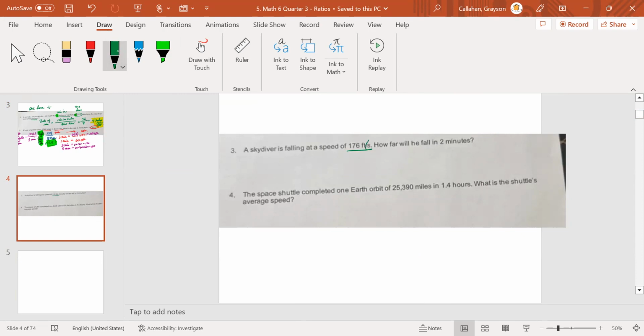So you notice how this is in seconds. You gotta convert that to 2 minutes, okay? So 176 feet over 1 second. Do you see that? We want to convert this to feet in 2 minutes. So this is what I'm trying to find, is that question mark right there.